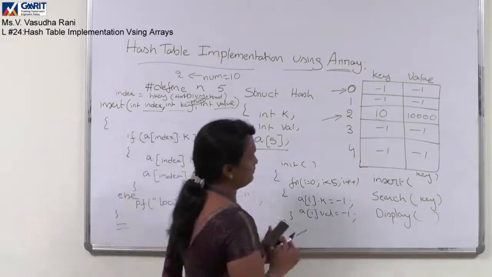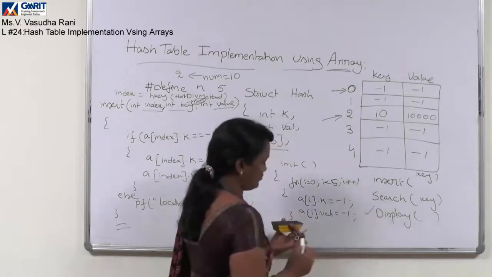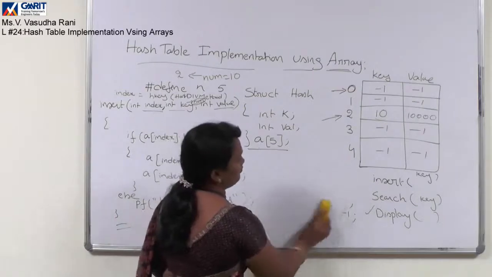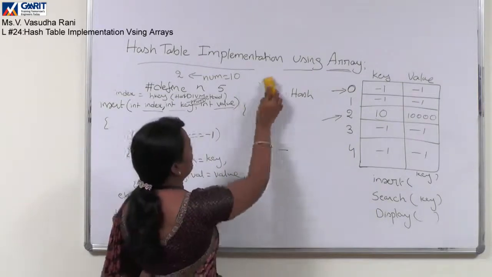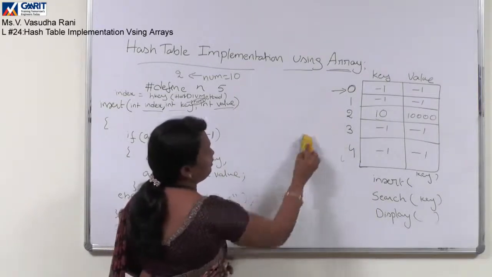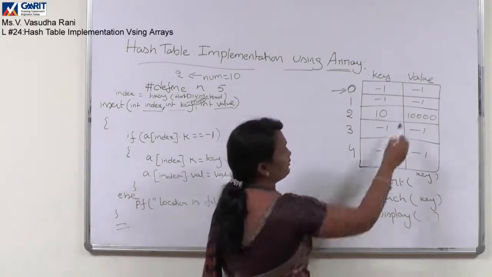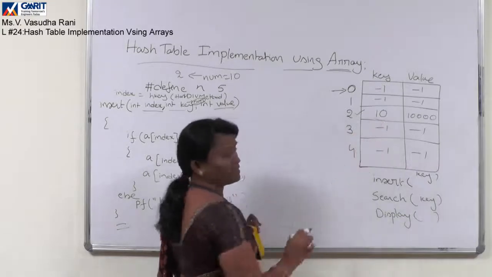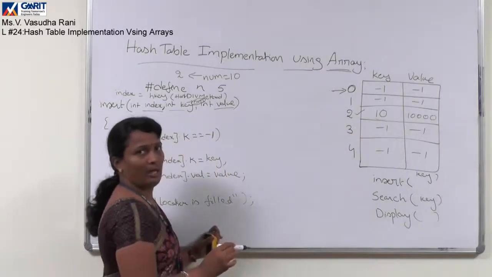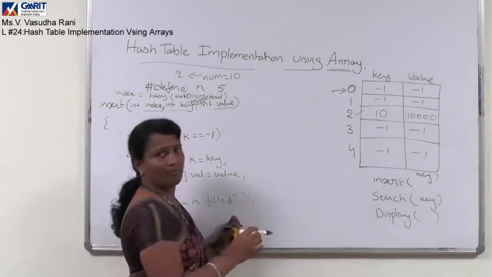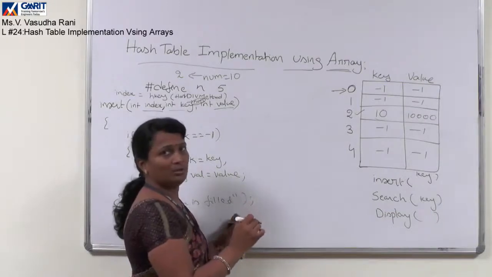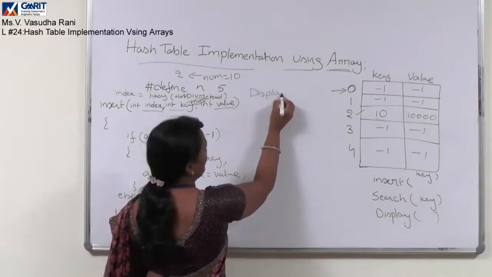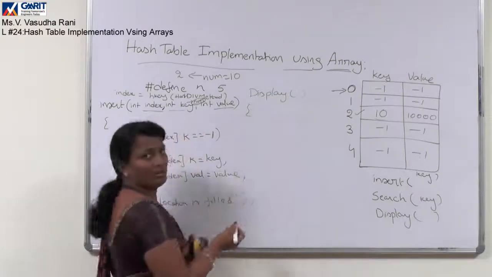Then coming to our display. Now our hash table has 5 rows, wherein the second row is filled and all other rows are empty. Whether they are empty or not, we have to display all the record details. So our display will not take any parameters.